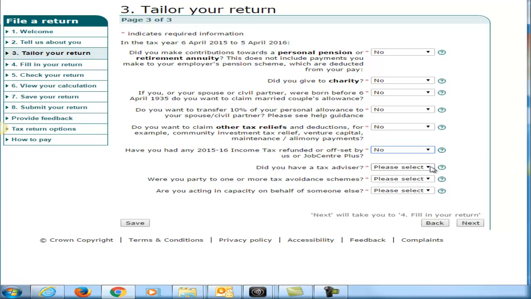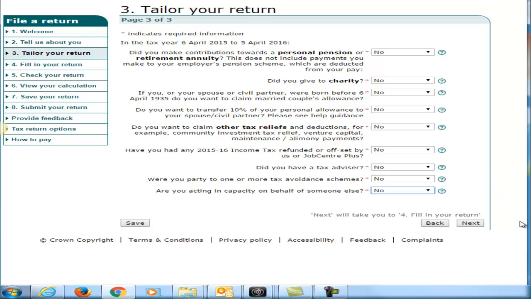Do you have a tax advisor? Although I am an accountant, I'm not actually a tax advisor, so I always put no. Were you party to one or more tax avoidance schemes? I would hope you're not. Or if you're acting in the capacity of somebody else. As a tax agent, that'll automatically be no. For everybody else, it's normally no, unless you've got financial power of attorney or you're doing this for somebody else.